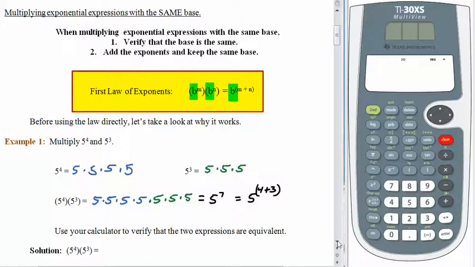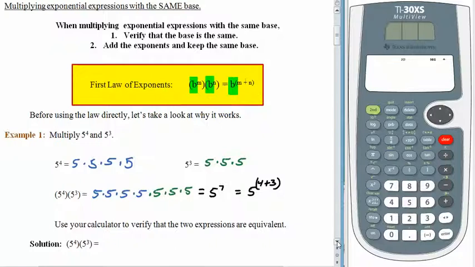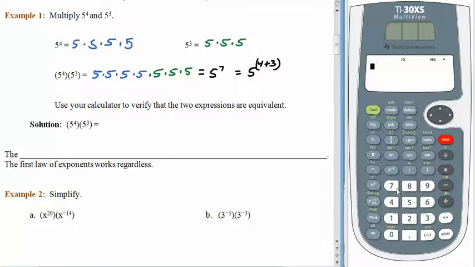Everything else pretty much works in the same way, and when you're looking at the reading material that's posted online, you'll see a lot more detail about why this works all the time, not just with positive exponents, but it works if the exponents are negative, or if one exponent is positive and one exponent is negative. It doesn't matter. The rule works.